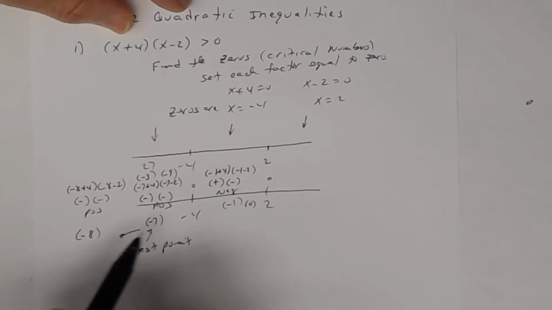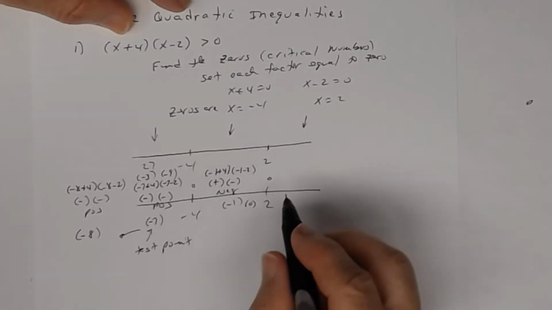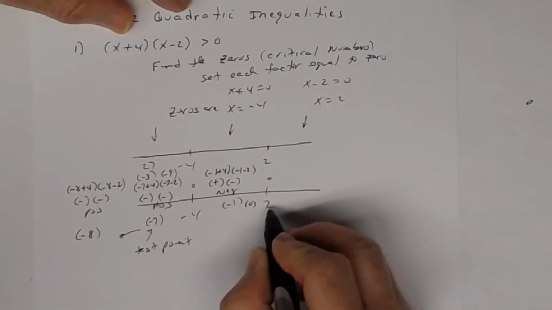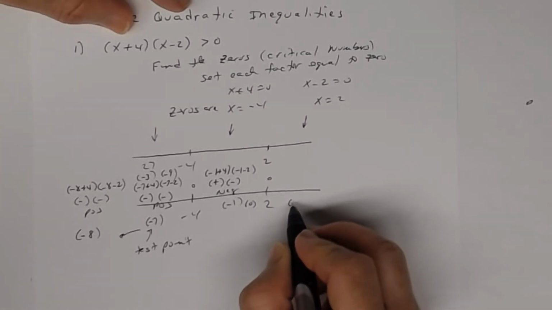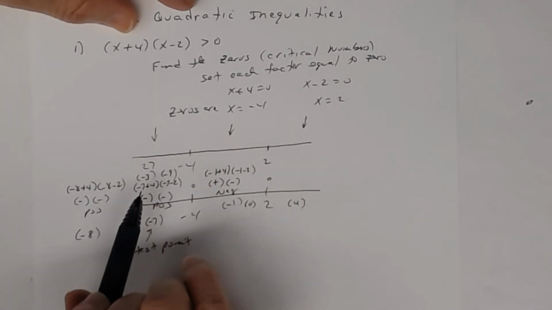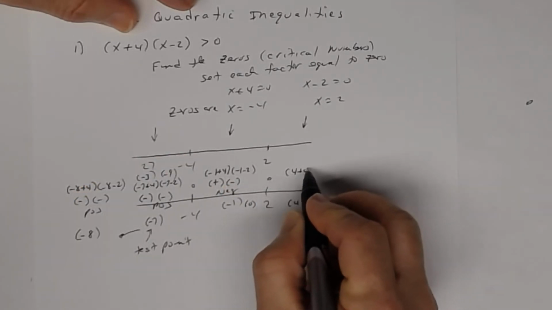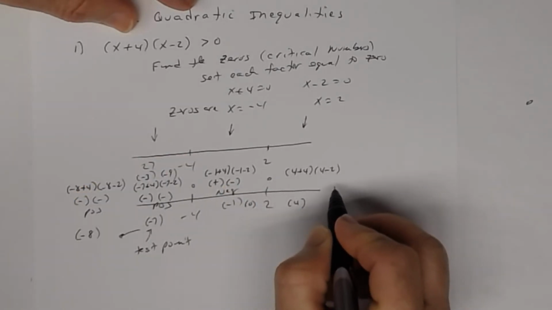Okay? All right, now one more interval. You've got to pick one more test point. So if I pick a test point, let's say any number between 2 and infinity, so let's say 4. We're going to go back, and in place of those values for x, I'm going to substitute 4. So 4 plus 4 times 4 minus 2.